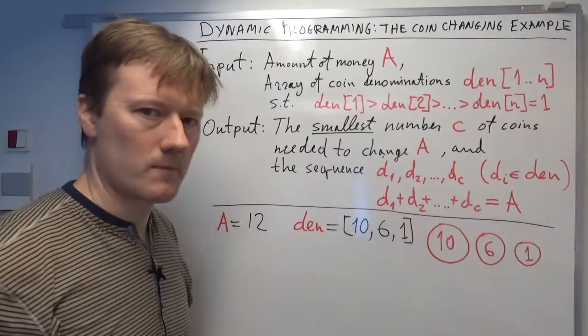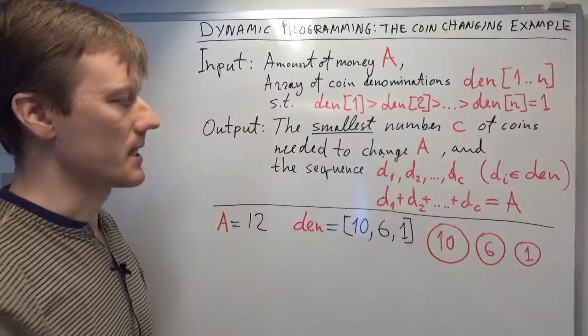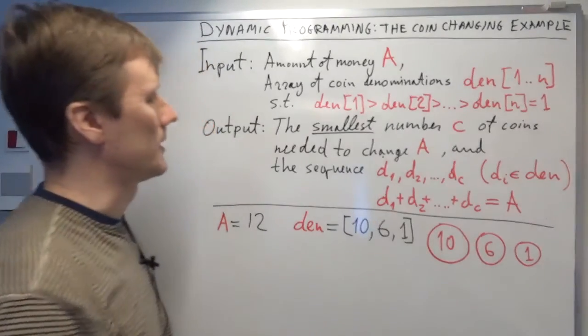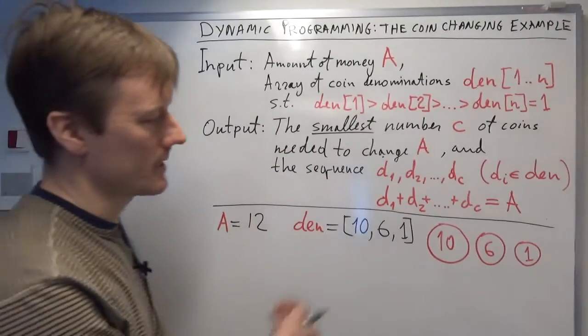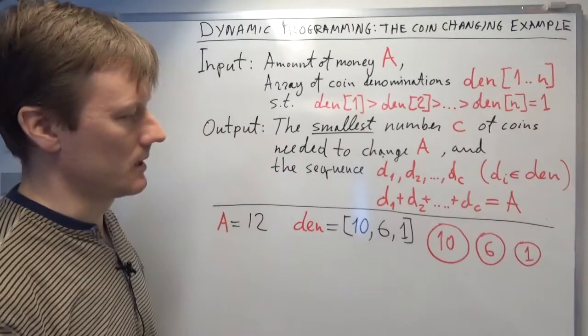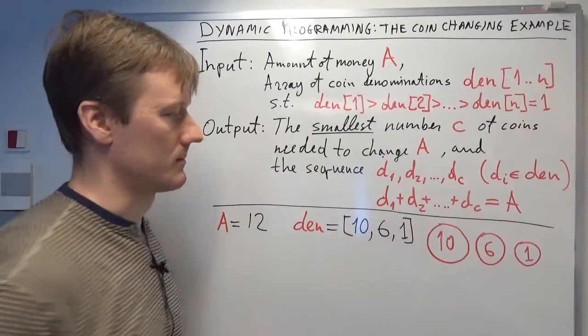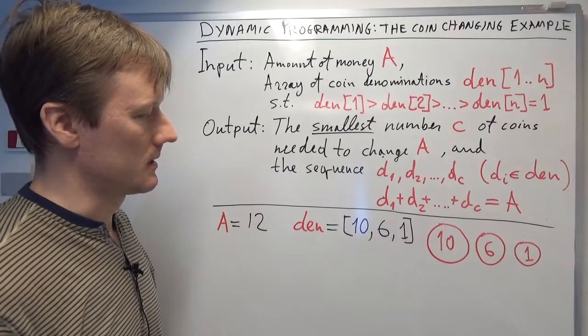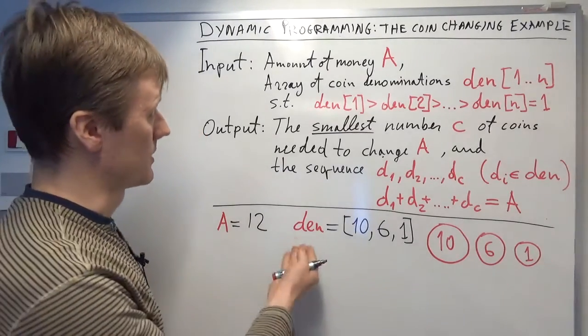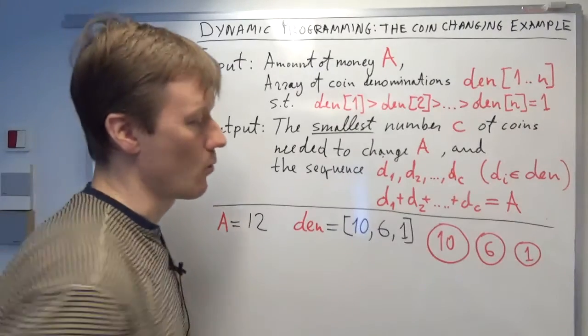We will talk more about greedy algorithms, and in the two videos ahead we will talk about actually a greedy algorithm for this problem, and we will see when it works.